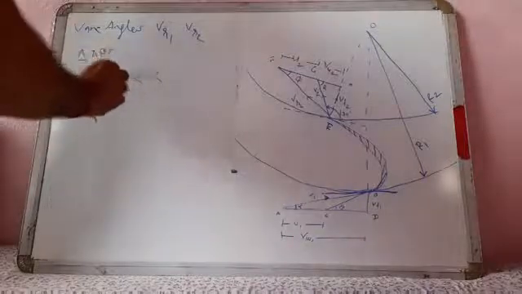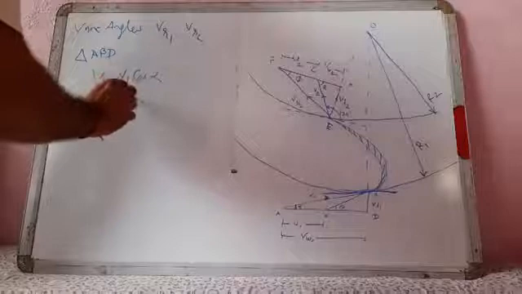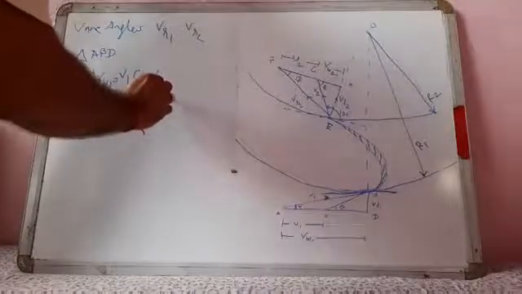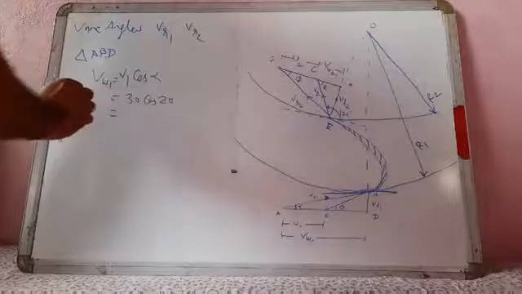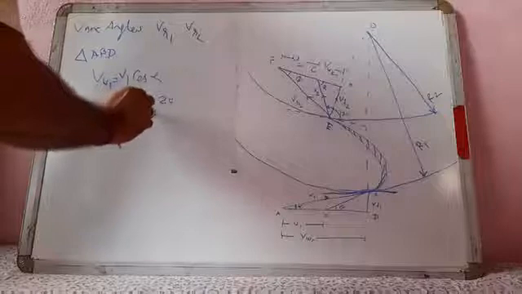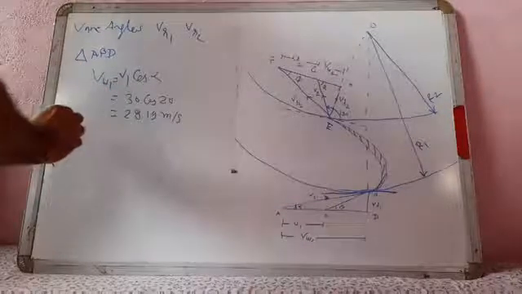Putting the values here, V1 is 30 and cos 20, so VW1 comes to 28.19 meters per second.